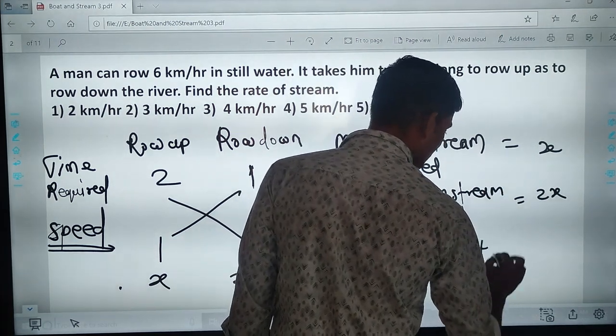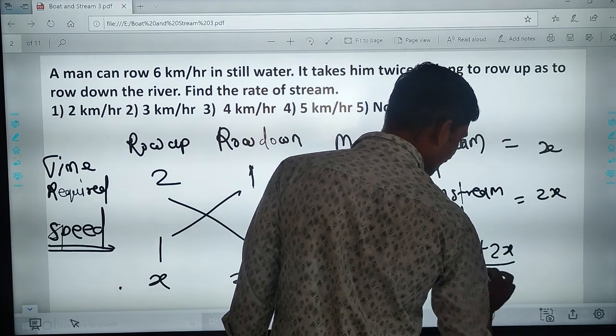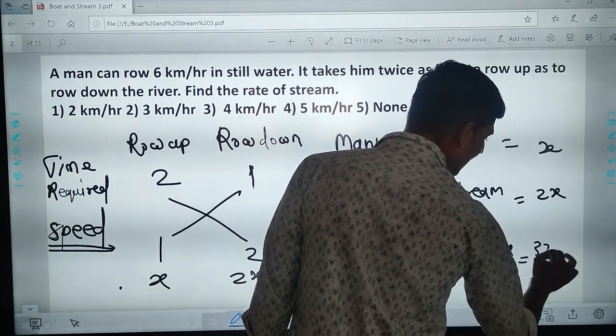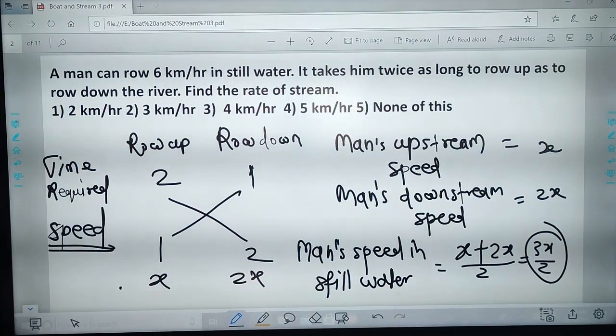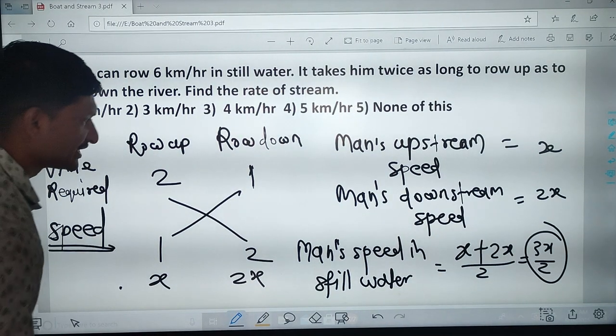Upstream speed is x, downstream speed is 2x, divided by 2. That is 3x divided by 2. This is the man's speed in still water.